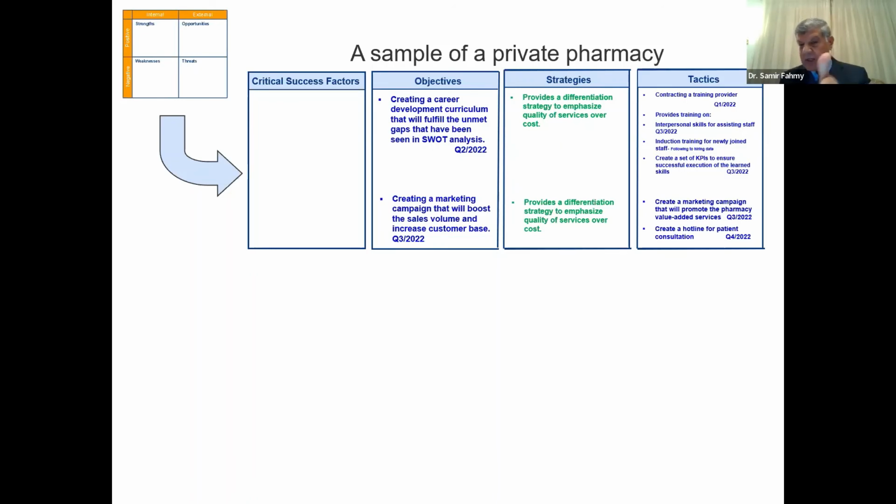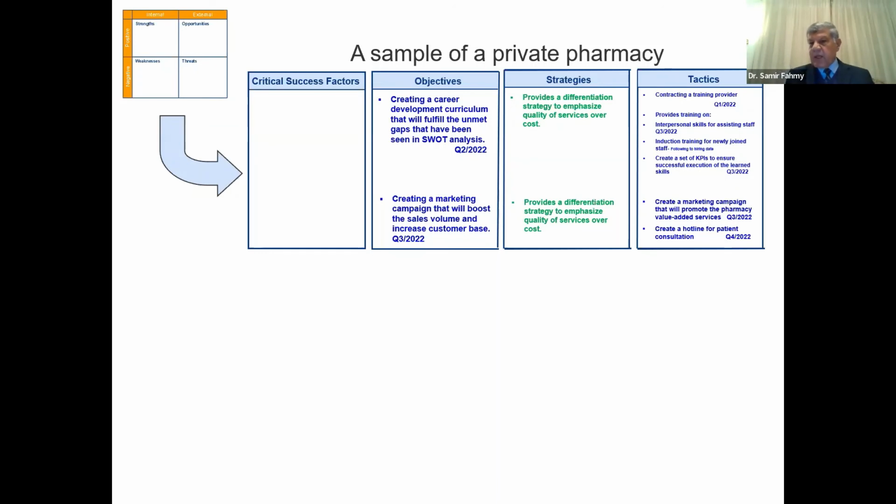For instance, for the second objective, which was creating a marketing campaign that will boost the sales volume and increase the customer base, we decided here to take the differentiation strategy. And then for the tactics, we need to remember creating a marketing campaign that will promote the pharmacy's value-added services.